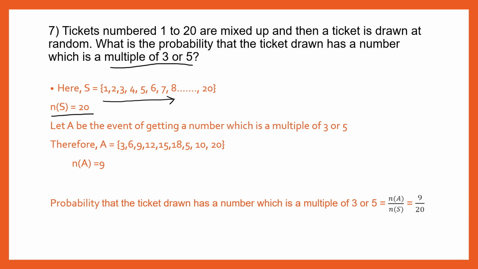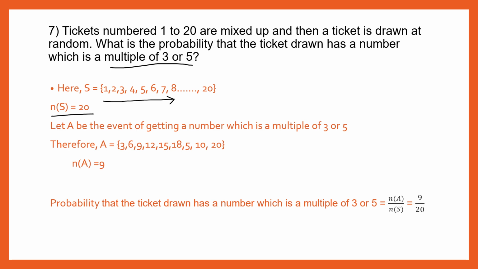Now let's name this event as A: the event of getting a number which is a multiple of 3 or 5. Out of these 20, we have to find any number which is a multiple of 3 or 5.